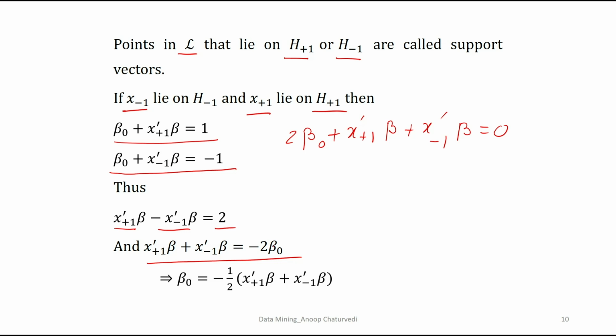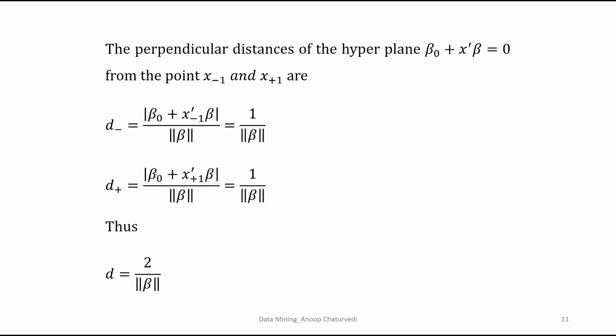And from here we obtain beta naught equal to minus 1 upon 2 times ((x plus 1) transpose beta plus (x minus 1) transpose beta).